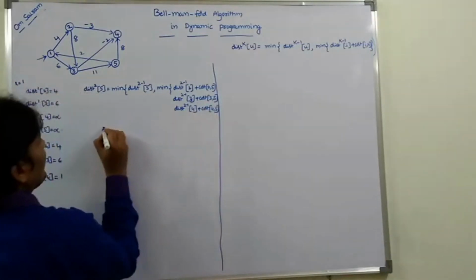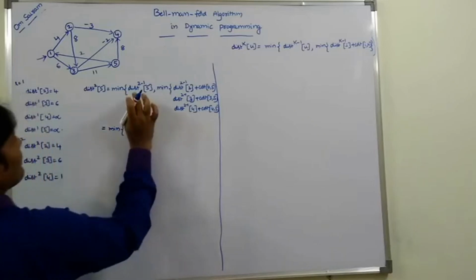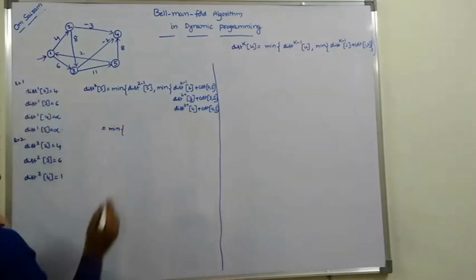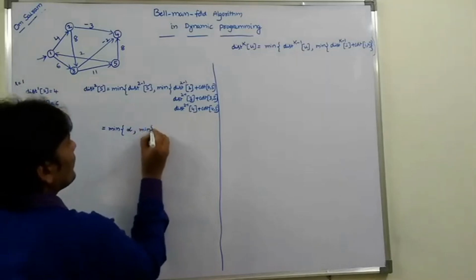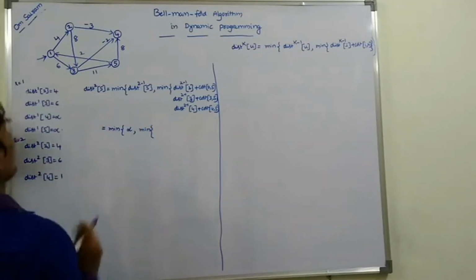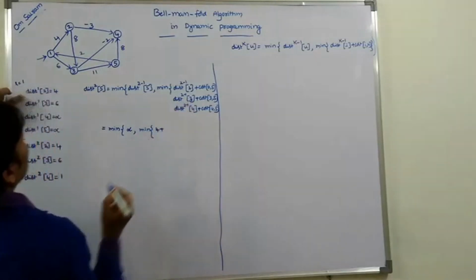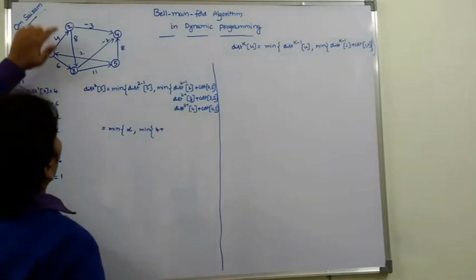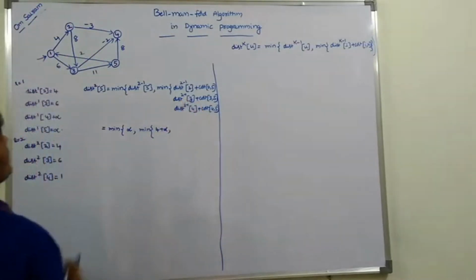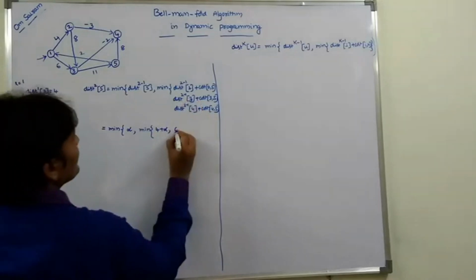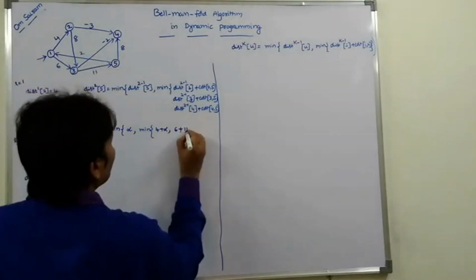That is equal to the minimum of dist 1 of 5, which is infinity, comma the minimum of dist 1 of 2, which is 4, plus cost of 2 comma 5, which is infinity. Next, dist 1 of 3, that is 6, plus cost of 3 comma 5, which is 11.